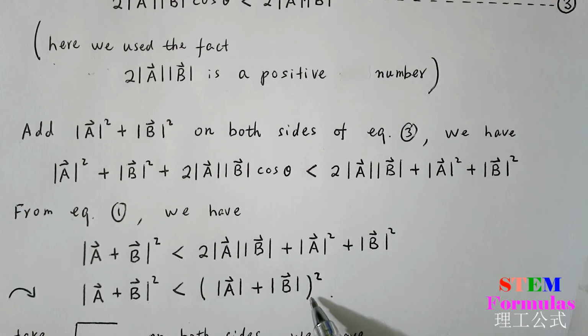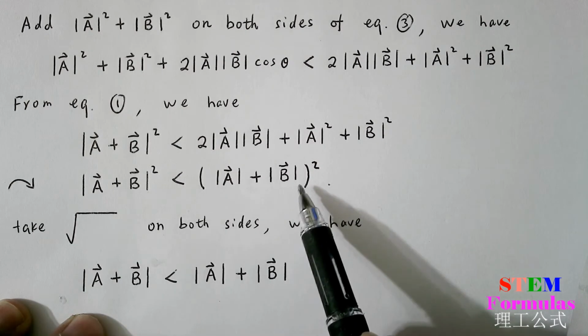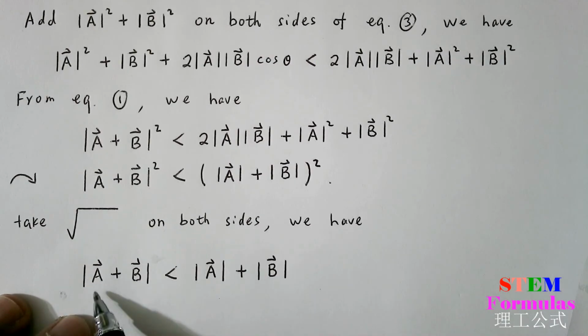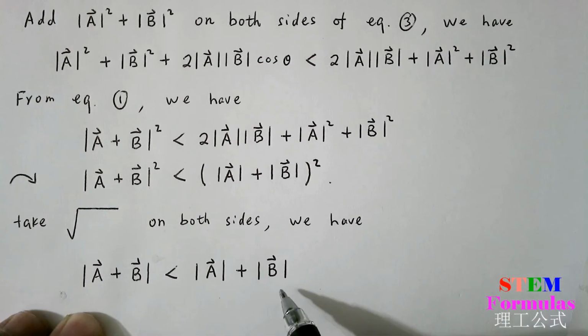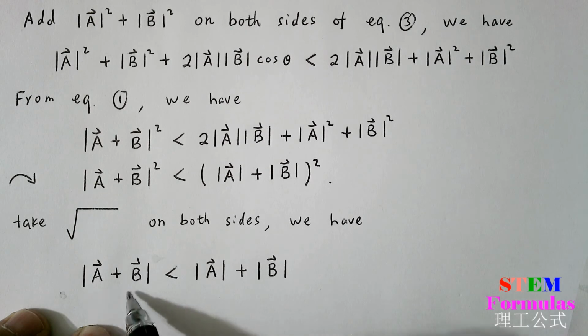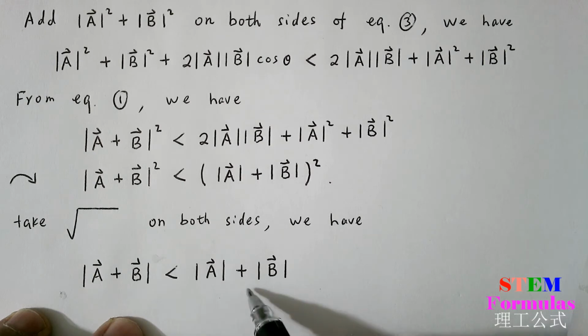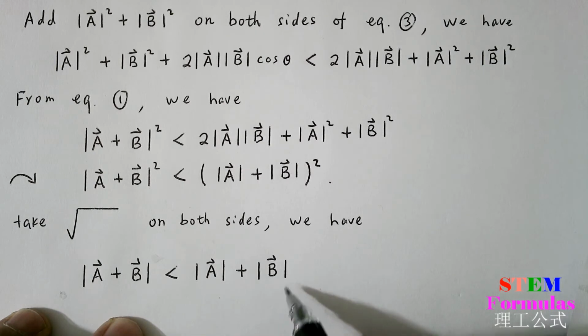Now we take the square root on both sides of this equation. We have this equation: the magnitude A plus B is smaller than magnitude A plus magnitude B.